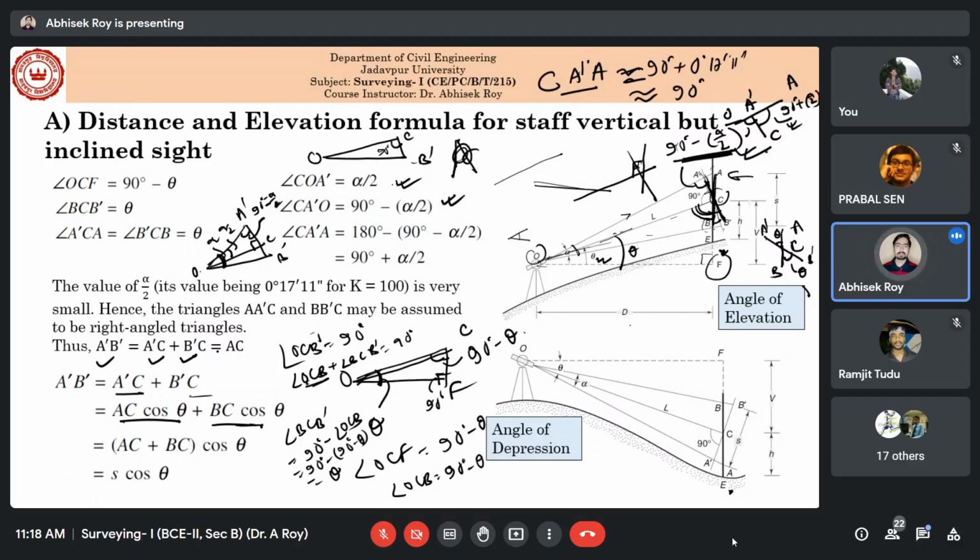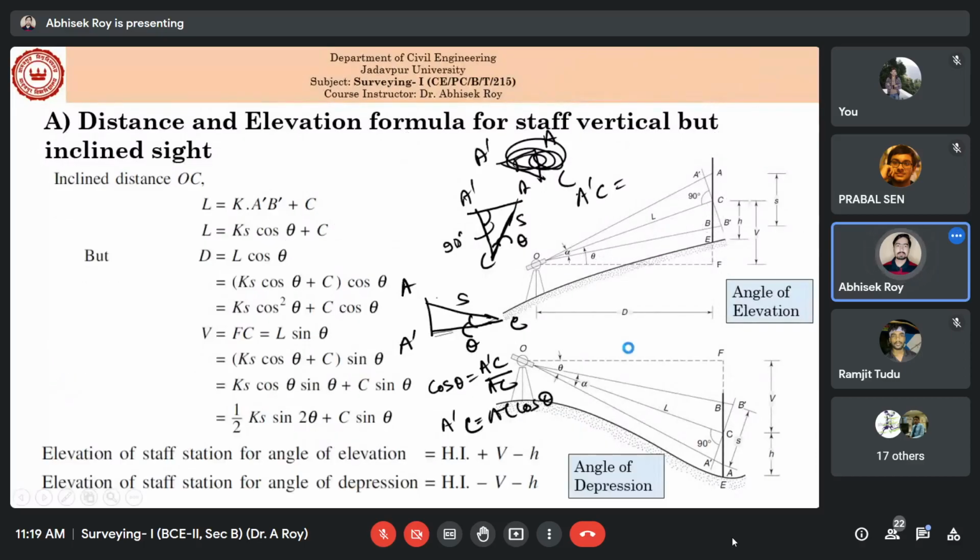A dash C plus B dash C. In place of A dash C, we will put AC cos theta. In place of B dash C, we will put BC cos theta. But AC and BC are normally equal, those are the stadia readings S by 2, because upper stadia minus lower stadia will be the reading AB.